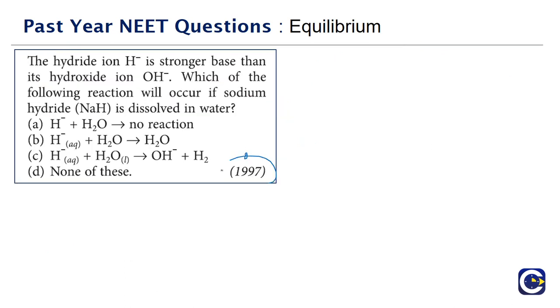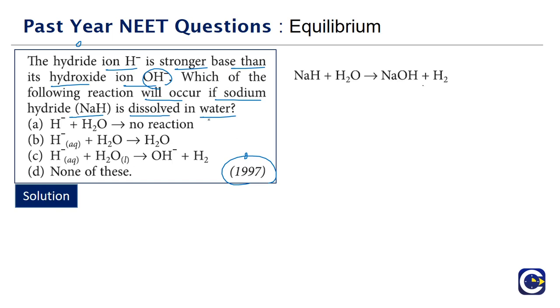Let's go to a question that came in the year 1997. The hydride ion H- is a stronger base than hydroxide ion. So H- is a stronger base than the OH-. Which of the following reactions will occur if sodium hydride is dissolved in water? When sodium hydride is dissolved in water, what is the reaction we are going to have?